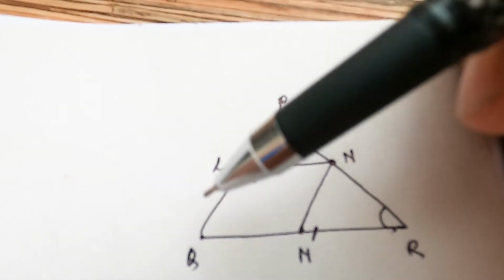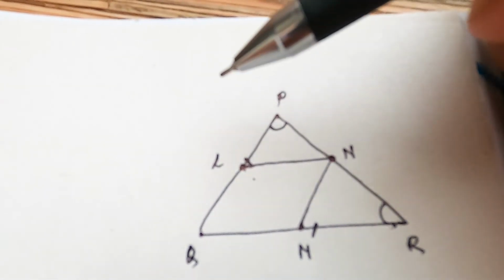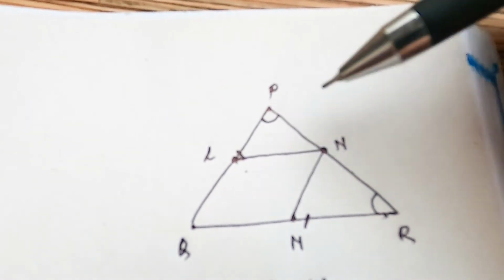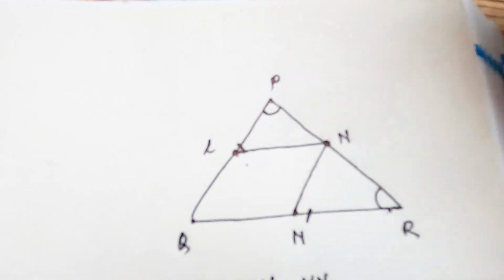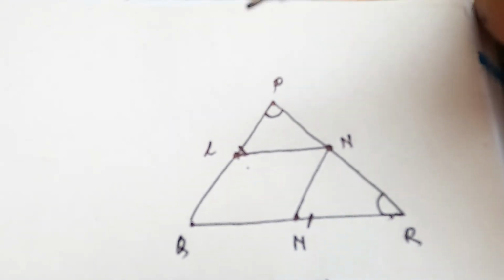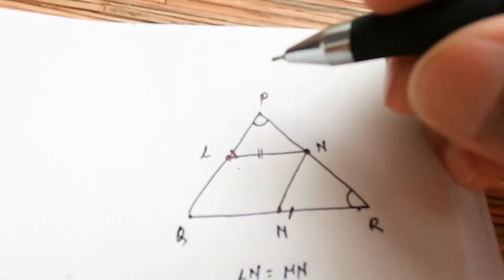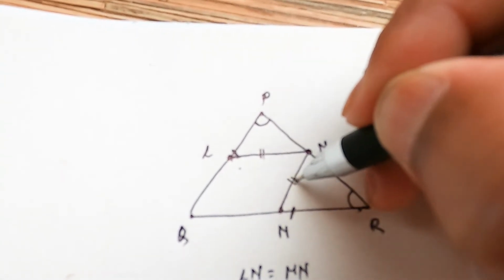Let us take a look at this diagram and try to solve this problem simply by looking at the diagram. How can we prove that line LN is equal to line MN?